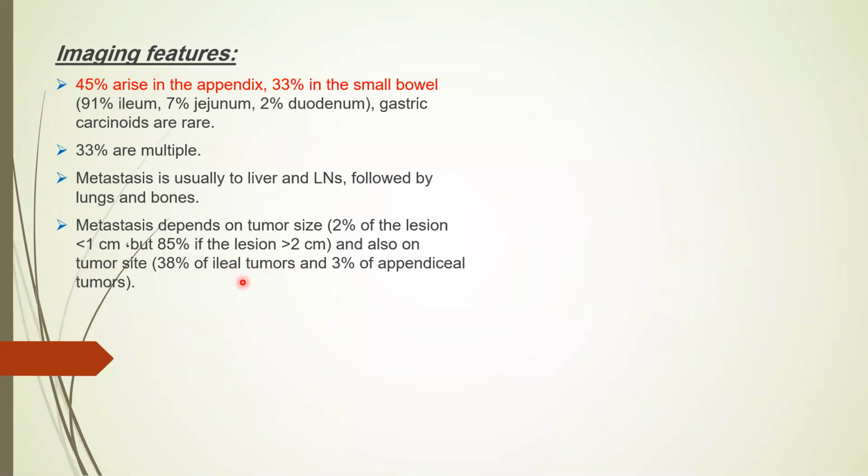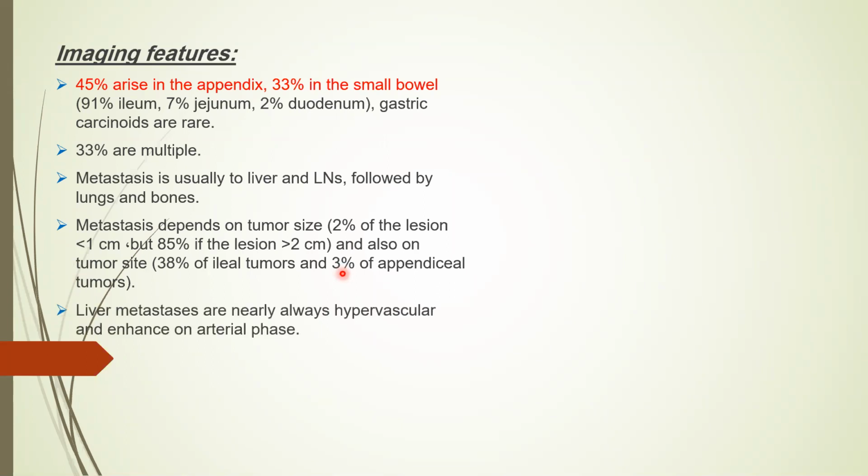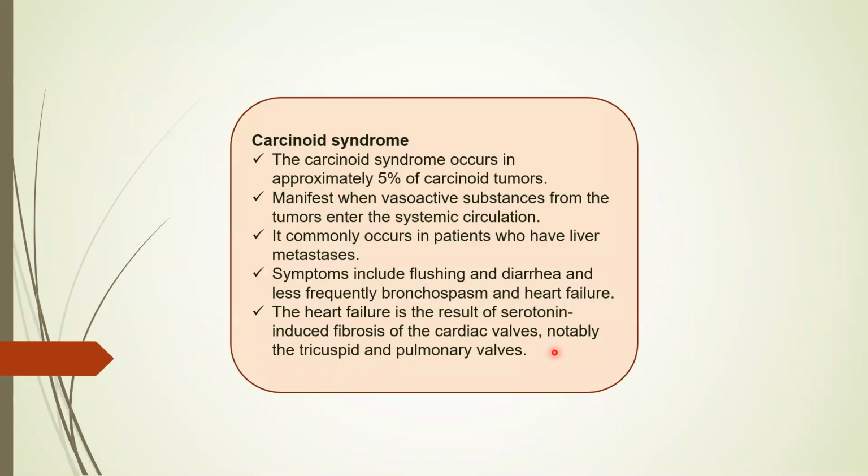Ileal carcinoids are more likely to metastasize. The incidence of metastasis is 38%, while appendiceal carcinoids are rare to metastasize, with a 3% risk. Liver metastases are nearly always hypervascular and enhance on the arterial phase.